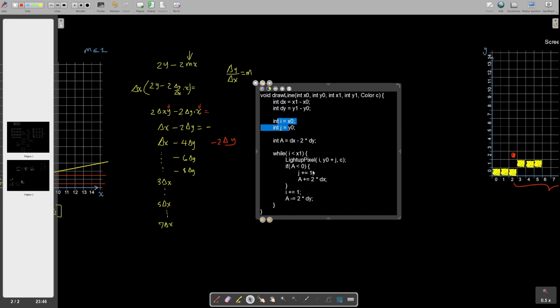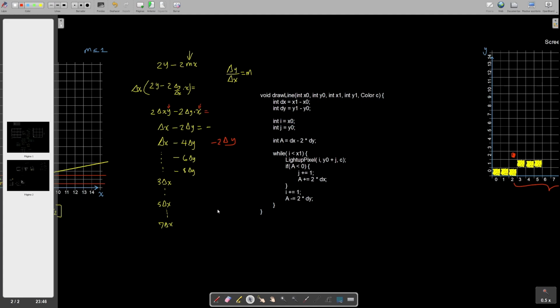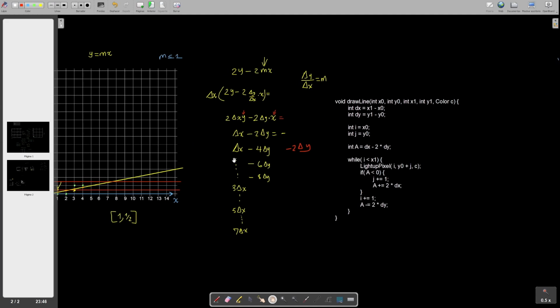You can just do whatever you want to make it look better, but I wanted to focus on the math and how you get to this term in specific, and how these additions of constant values like twice delta x, twice negative delta y, and twice positive delta x can help us optimize our algorithms for drawing lines in such a way that we don't need floating points.